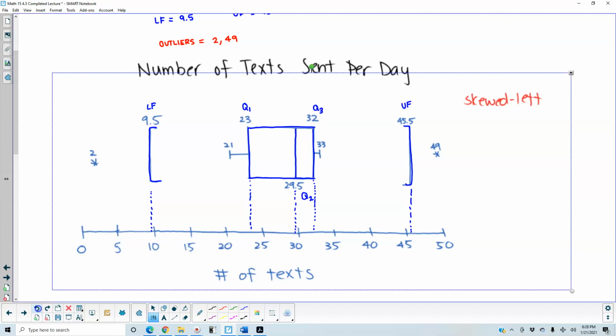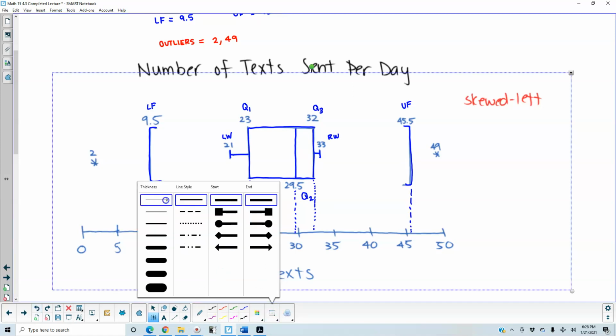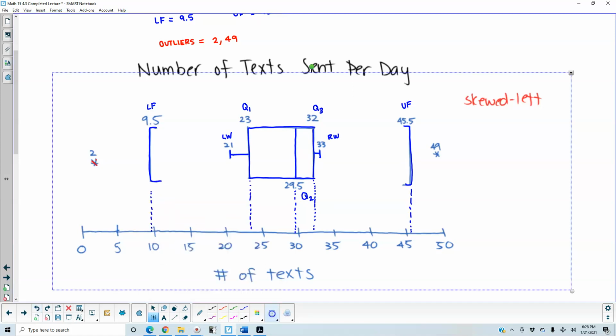We also know that our lowest number in our observation is 21. And we know that our highest number in our observation is 33. And then what else do we know? We know that here, 2 is an outlier. And then over here, we know that 49 is an outlier.